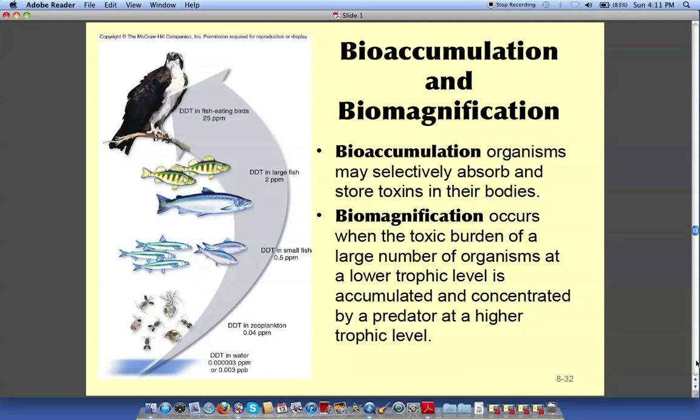Bioaccumulation and biomagnification, very important. Simply the microorganisms and the smaller zooplankton and phytoplankton, they pick up these chemicals in small amounts.